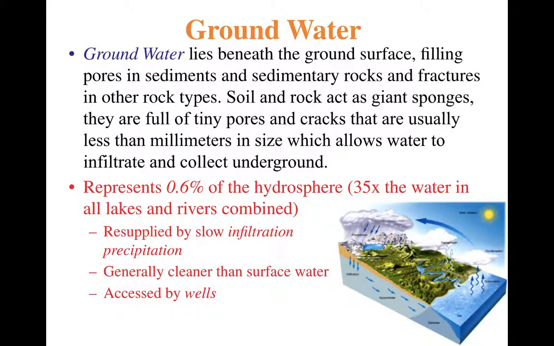It's also resupplied, which means that it's refilled by slow infiltration of precipitation. It's slow because that precipitation has to get down. To infiltrate means to break through that ground and get back into the groundwater reservoirs. It's generally cleaner than surface water, and it's accessed by wells.